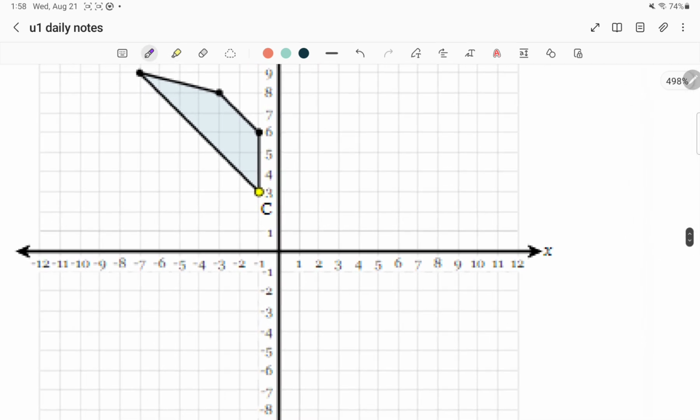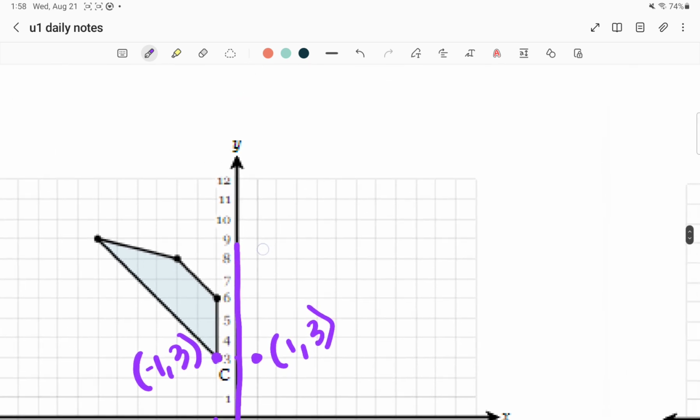So I'm going to take C. If I reflect it over the y-axis, that's this one. And if I were to mirror C onto the other side of this line, it would end up right here. So I'm starting at -1, 3. That's my coordinate point. I'm ending on +1, 3. That follows our rules that we talked about in 1.1.